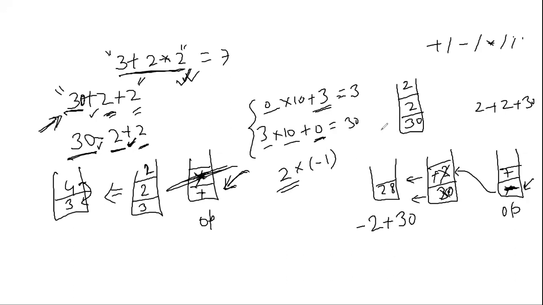So what if the precedence of an operator is lesser than the previous one, for example, we have a plus and multiplication, like 3 multiplied 2 plus 2. So plus has less precedence than multiply. So the question is 3 into 2 plus 2, right? Yeah, so here we need to solve 3 into 2 first.